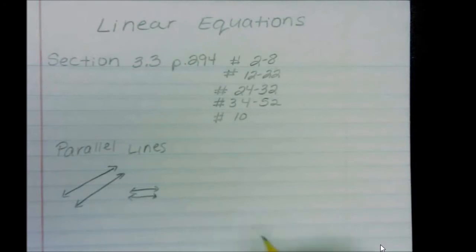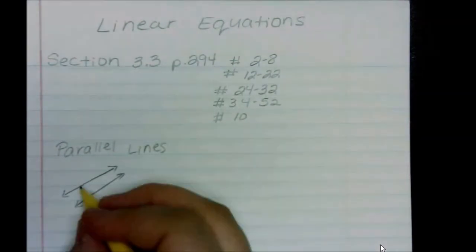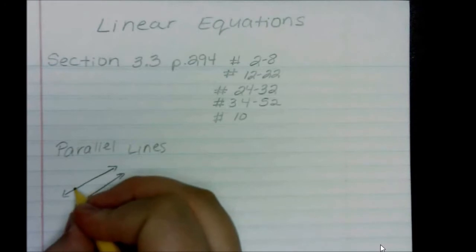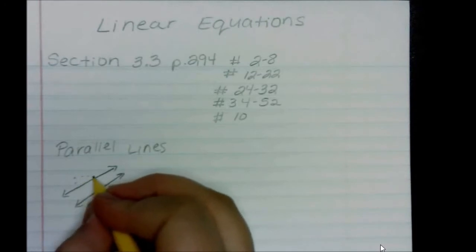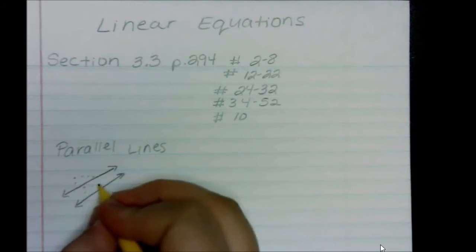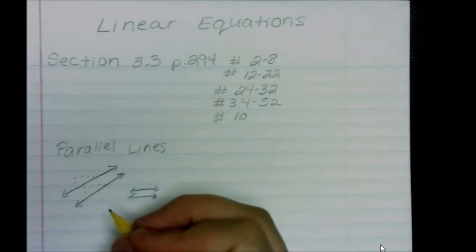In order for them to be parallel, they must do the same thing together. So if this line goes up 2 and over 3, this line must also go up 2 and over 3. That's what keeps it from touching.